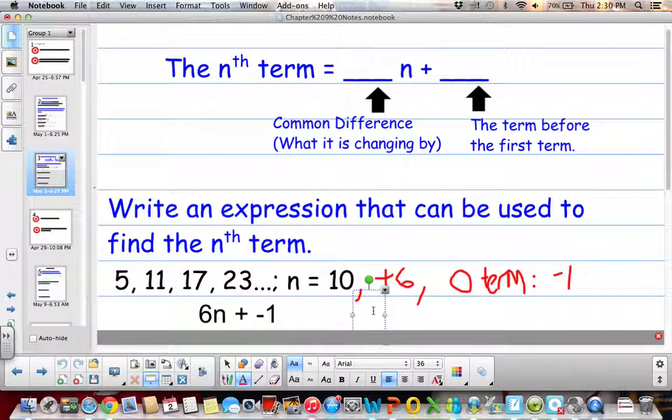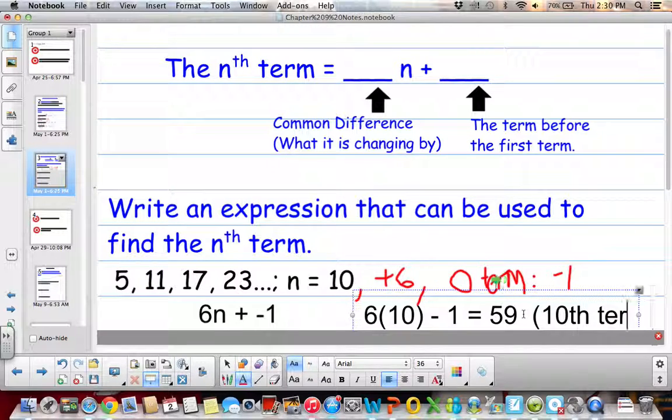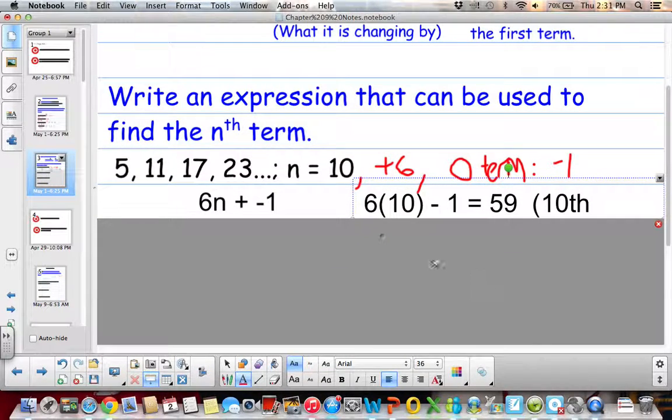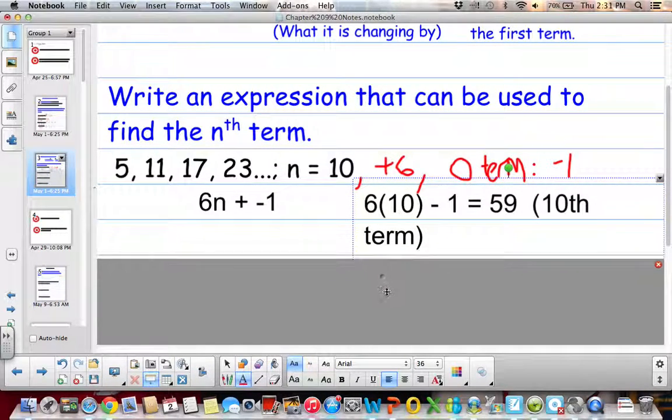So we have 6 times 10 minus 1, because plus -1 is the same as minus 1. So 6 times 10 is 60 minus 1 equals 59. So our 10th term is 59.